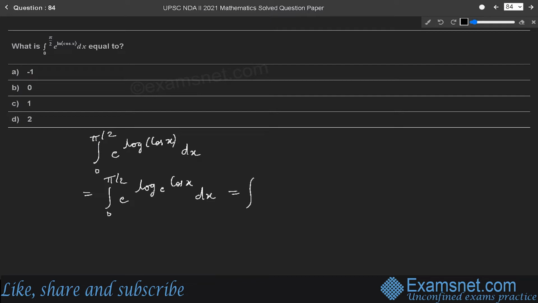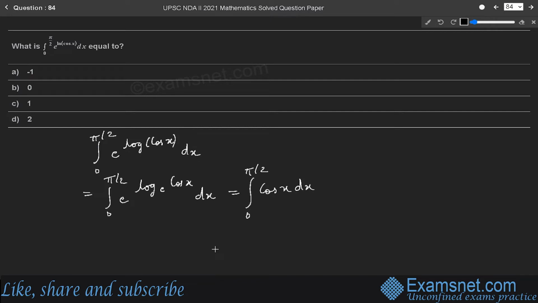So further it will be the integral of 0 to pi by 2 cos x dx, because we know that e to the power log of a is a. So the remaining term will be cos x dx.